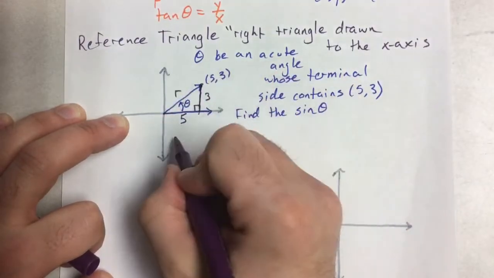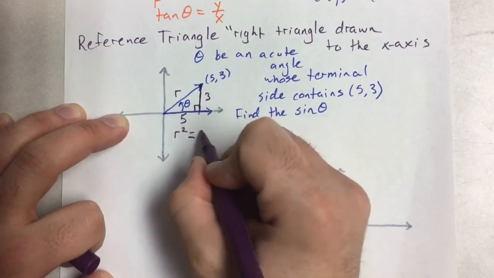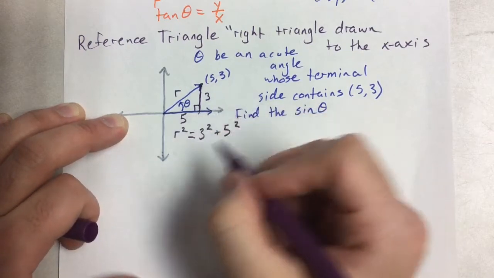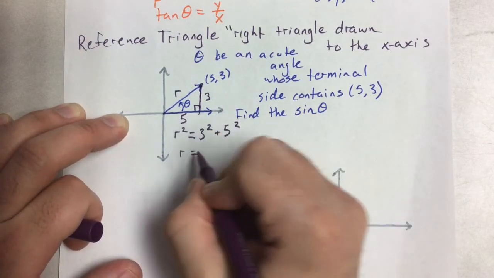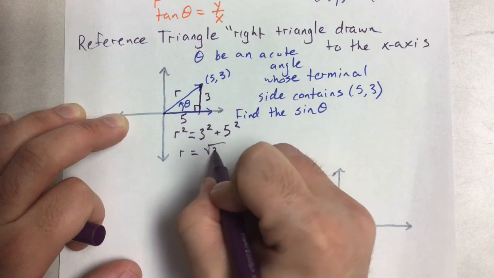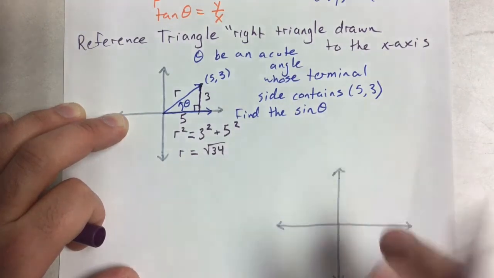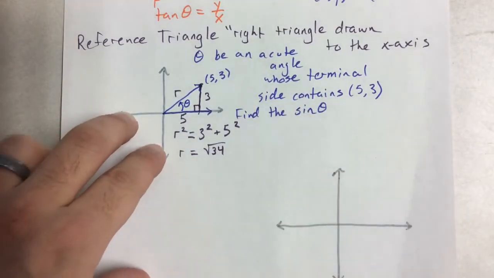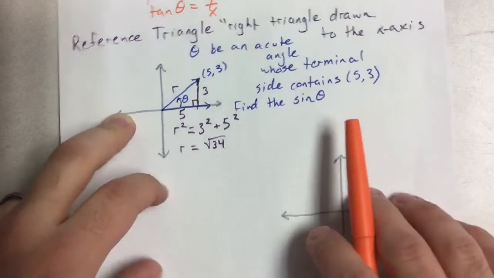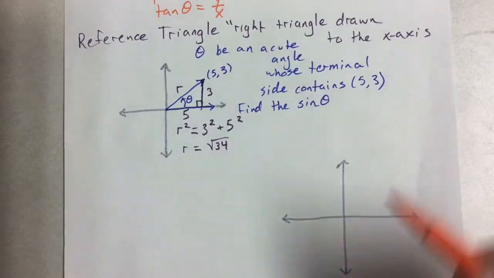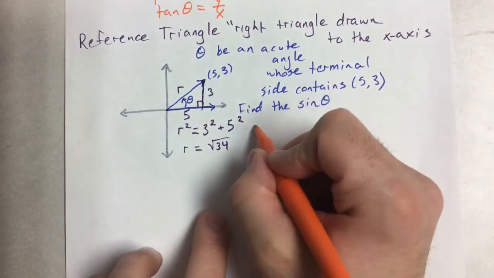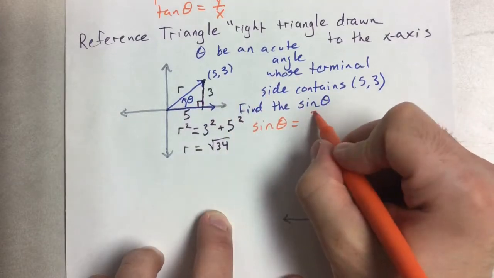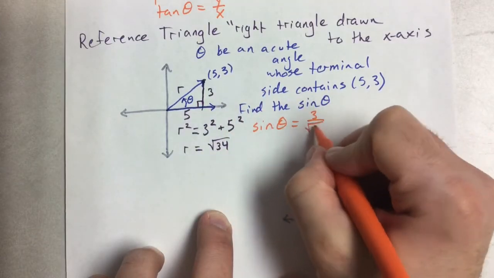So we know r squared will equal 3 squared plus 5 squared. So doing our computation here, we would find that r equals the square root of 34. And yes, we're leaving it just as the square root of 34. All right, so we have the radius, we have the hypotenuse, so sine of theta would be, therefore, opposite 3 over the square root of 34.